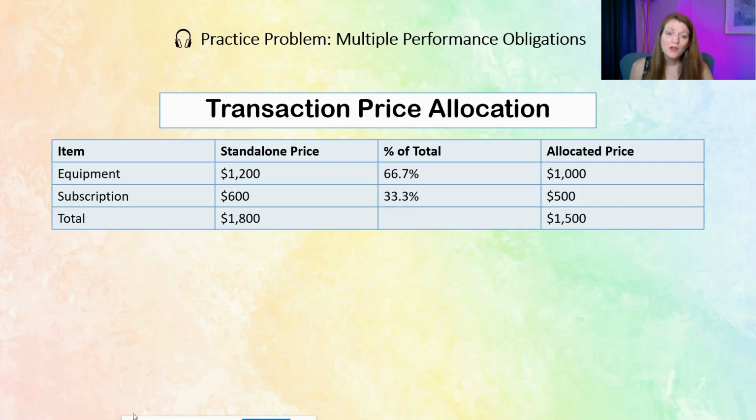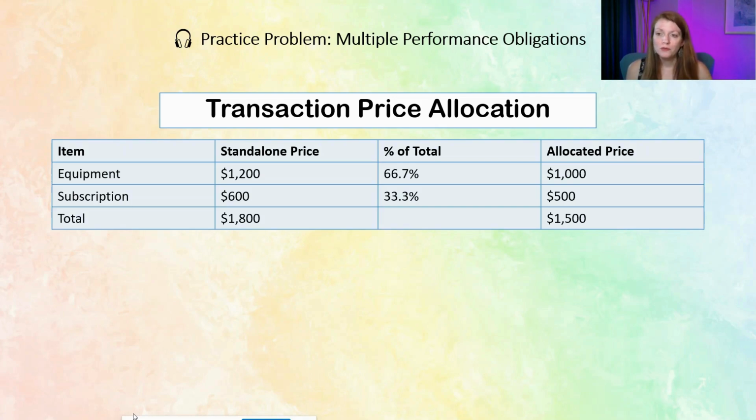Then we take the $1,500 bundle amount times the 67%, or 66.7, and that gives us $1,000. Then we take the $1,500 times the 33%, that gives us $500. So this is how we're going to break it out.